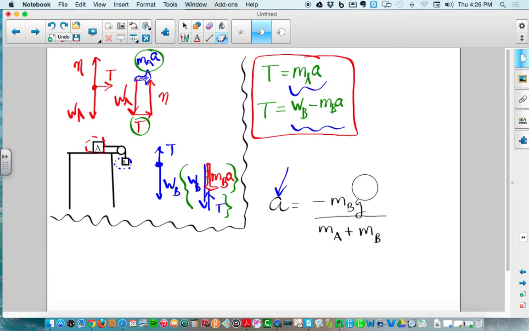So it seems like this is correct. If the mass of B were 0, then A is 0. Now, that means that you take away this mass. Well, is system A going to have any acceleration? No. So that one checks out in reality.